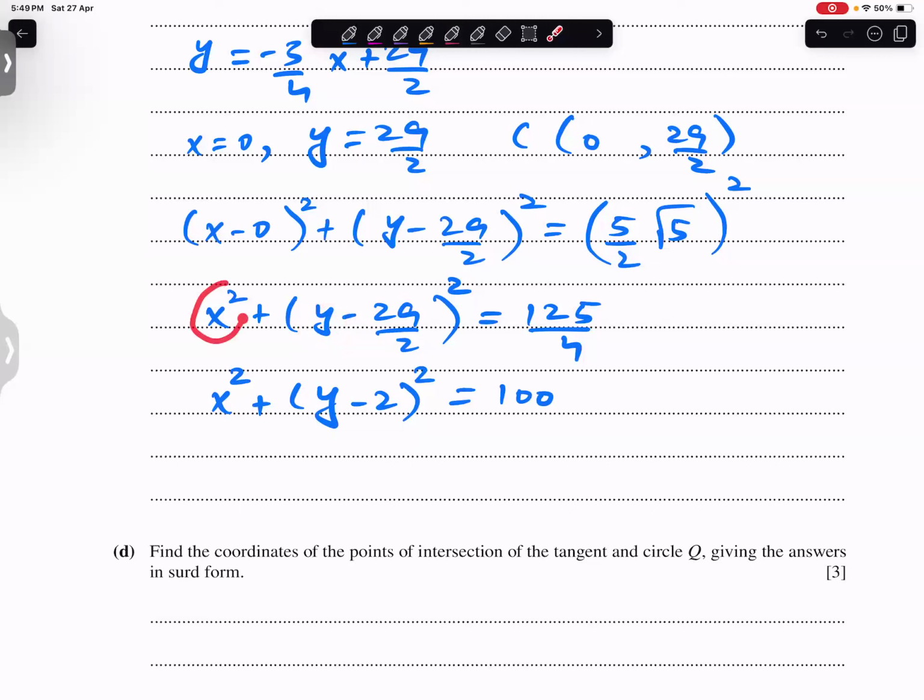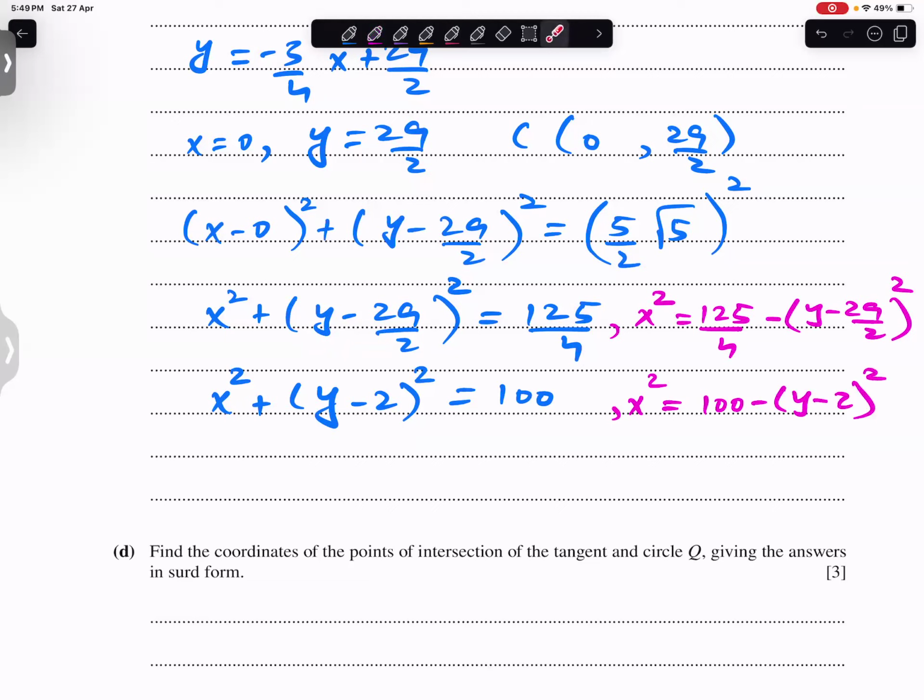How? Let's make x² the subject from the first equation: x² = 125/4 − (y − 29/2)². And then x² = 100 − (y − 2)². Let's eliminate x² and find the value of y by equating these two curves. Definitely you will get y = 11.